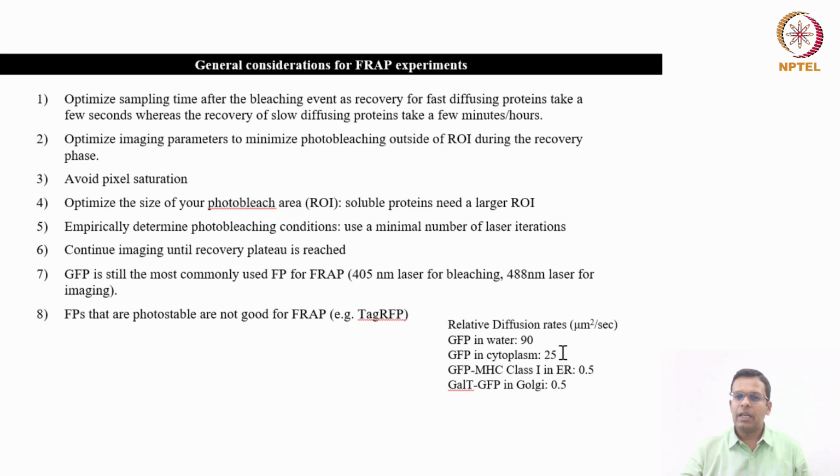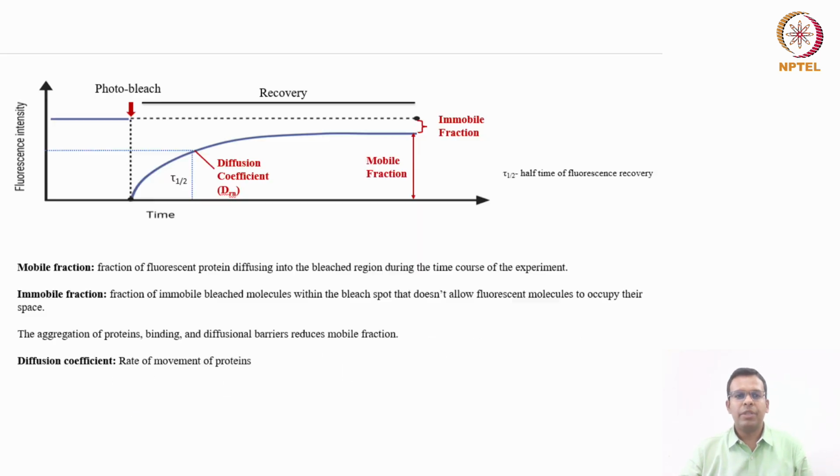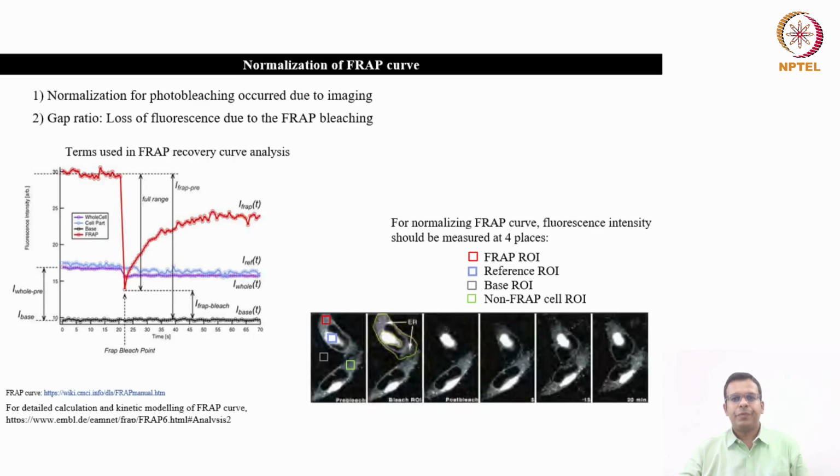But if they are constrained in the cytoplasm or the nucleus, then you can see a diffusion coefficient of around 25. For different taggings, or based on the protein function and localization, the diffusion coefficient may change. This diffusion coefficient you can measure from the FRAP curve by taking the slope of this recovery.